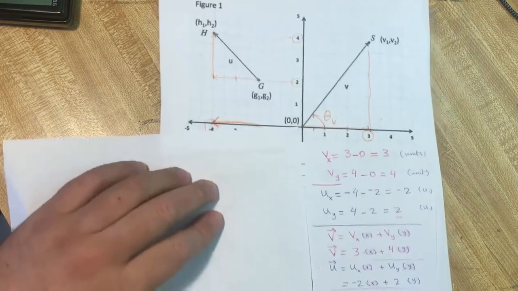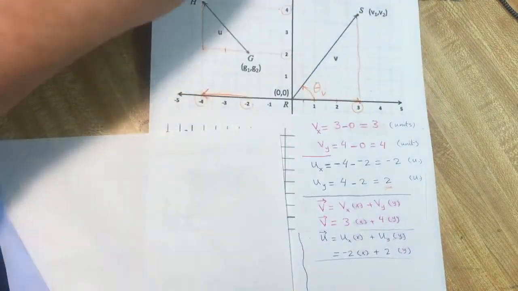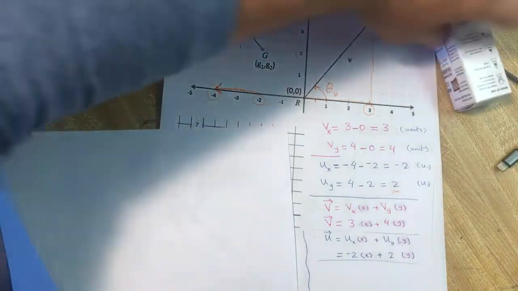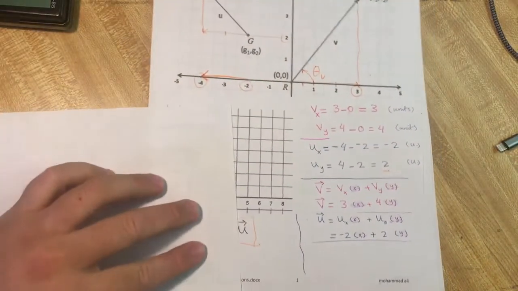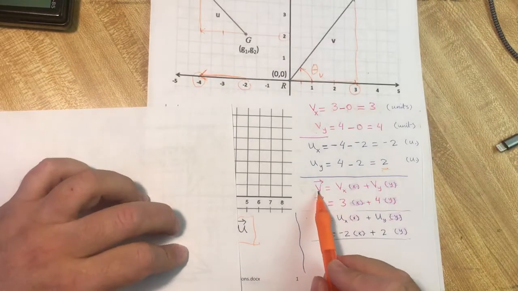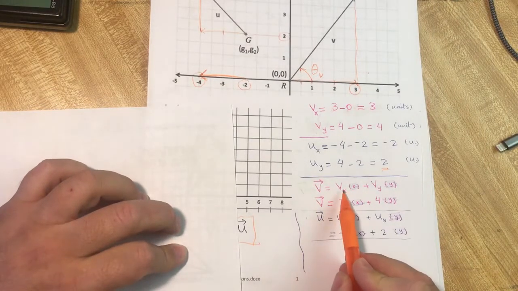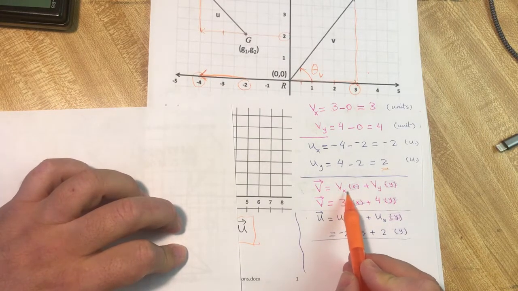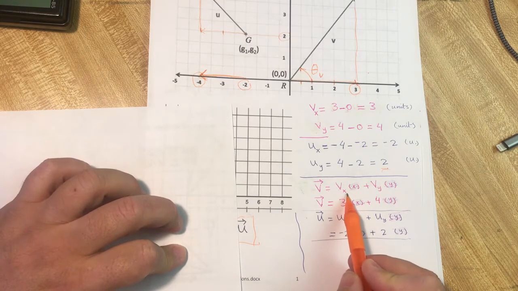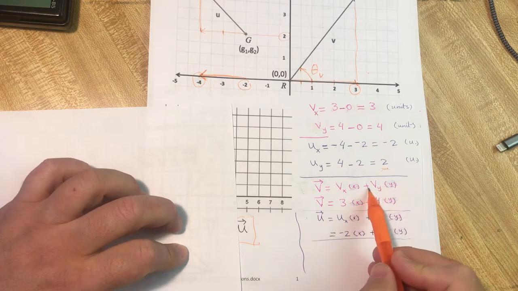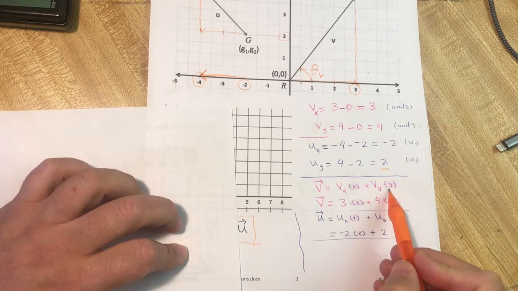Now if we need to write the vector x and the vector y, we need just to write it in this way. V as a vector is equal to Vx, the component in x direction, plus Vy, in y direction.